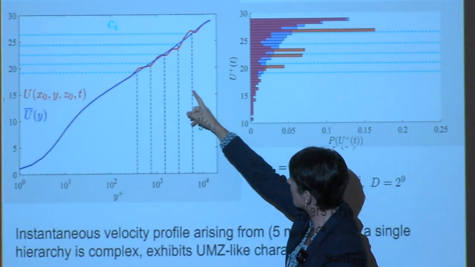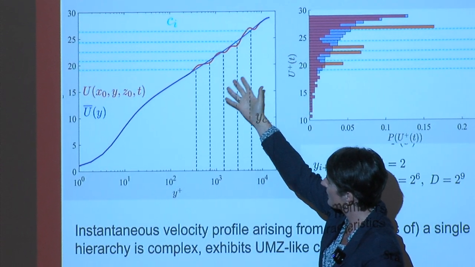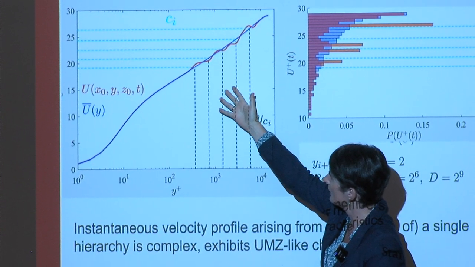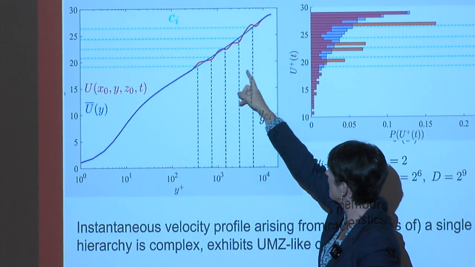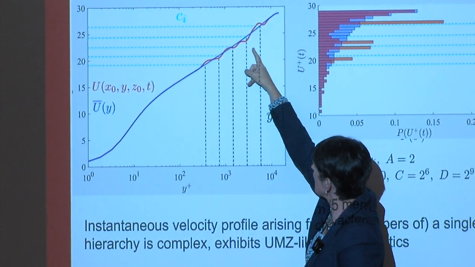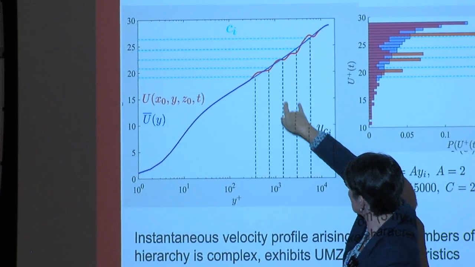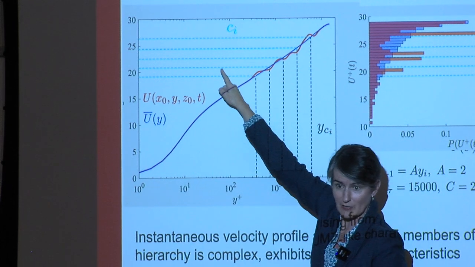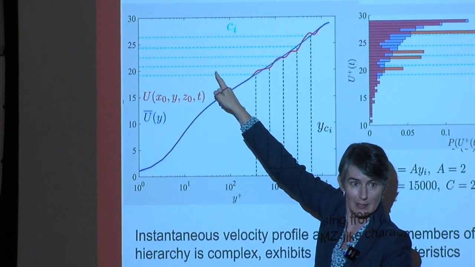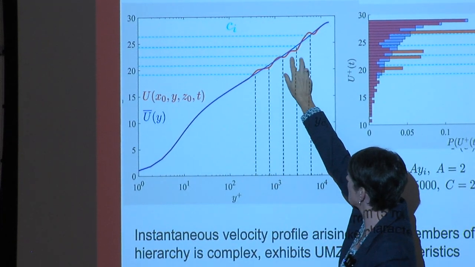And then over here, this is what would happen if I plotted the instantaneous velocity on the axes I showed you for the mean. And I'll play it again, but if you watch these red steps, anything that's flat here corresponds to a region of y that has effectively constant momentum, uniform momentum. So that's an exact analogy to the uniform momentum zones.